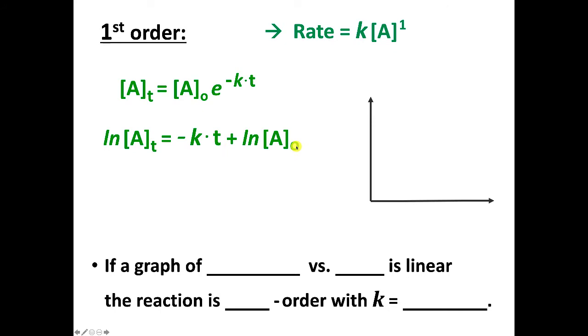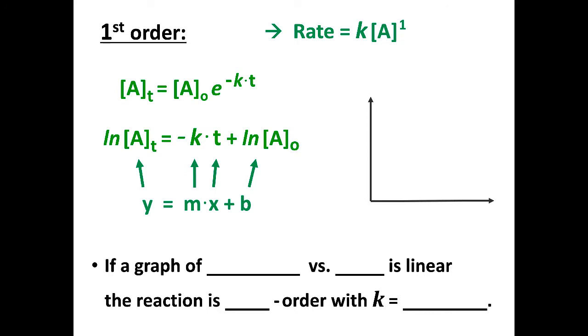And this also is a straight line relationship. If our y is ln of A at time t, our slope, our m, is negative k, our x is time, and our y-intercept b is ln of A at time 0.